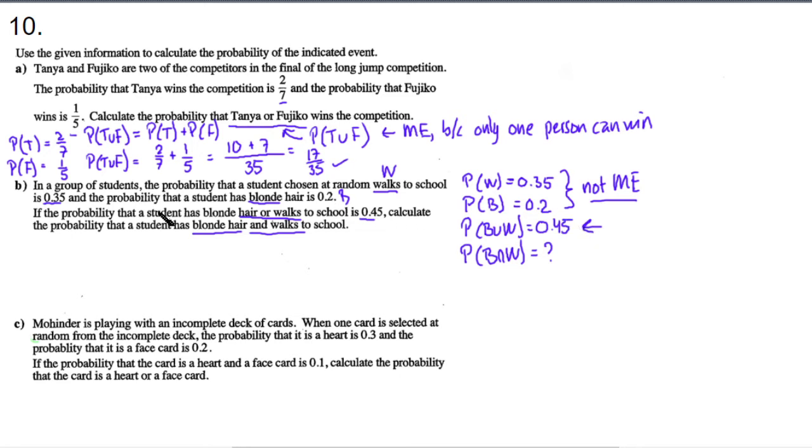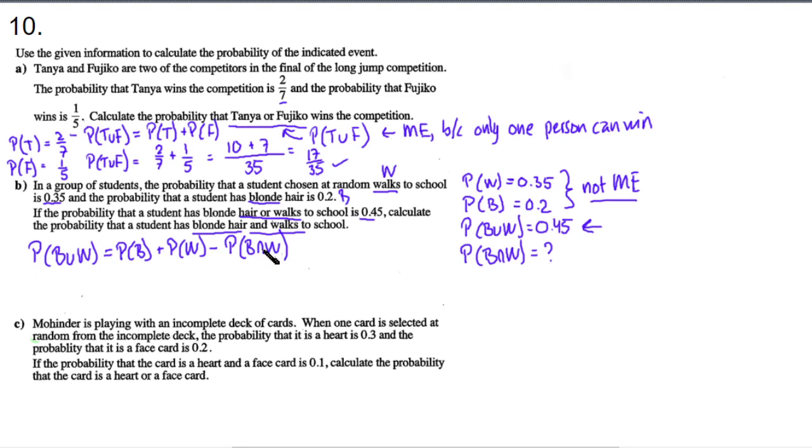So we're going to be using the following formula for not mutually exclusive events. It's going to be probability of blonde hair or walking to school equals probability of blonde hair plus the probability of walking to school minus the overlap, so minus the probability of blonde hair and walking to school.